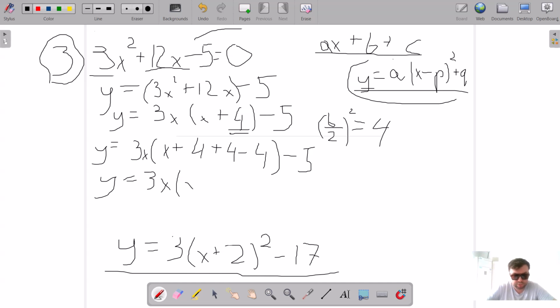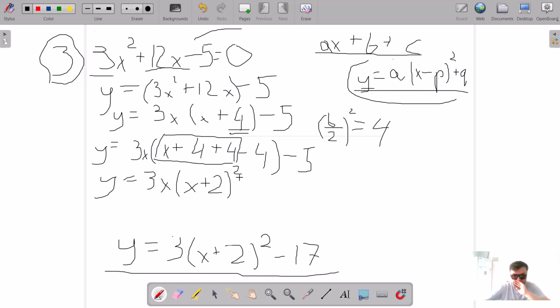So 3x times x plus 2 squared. So yeah, we see this. This trinomial is hidden here. You can see this trinomial. I write it, and then this trinomial is seen here, and we change it. x plus 4 is changed to x plus 2 squared.